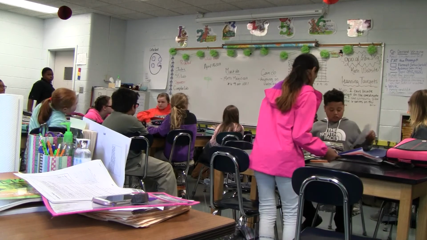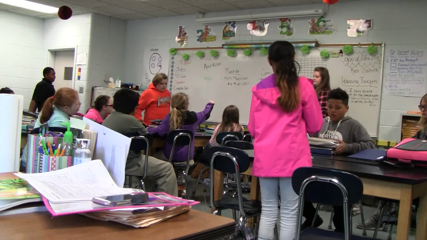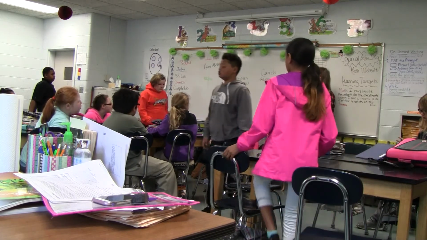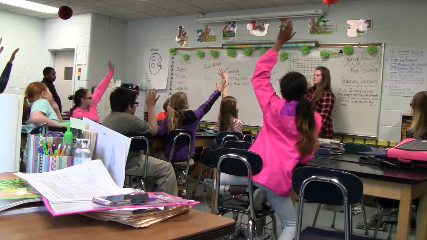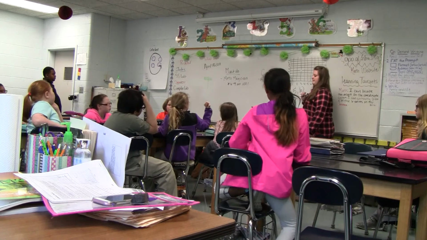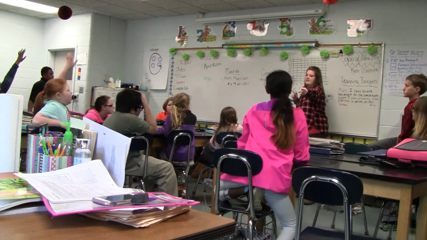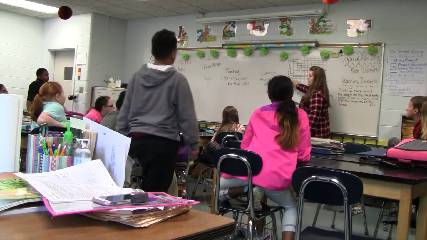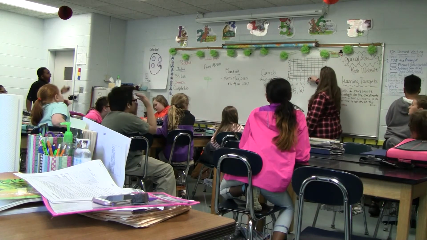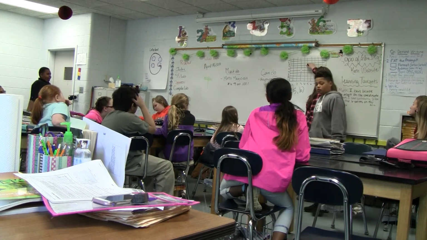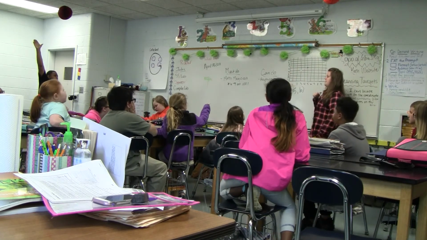Okay, if I were to give you the ordered pair, 5, 6, where do I start? Exactly. Start on your X. Alright, somebody raise your hand and tell me, where do you start? You go over 5 and you go up 6. I start where? Your origin. I start at my origin and I go over 5 and up how many? 6. I make my dot. And what do I label with?